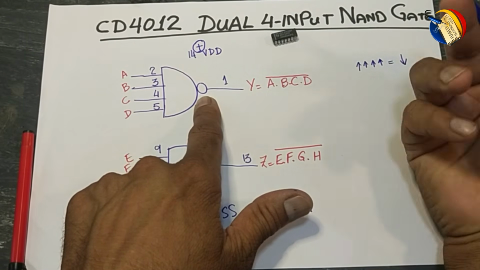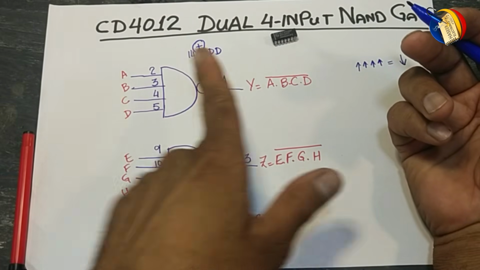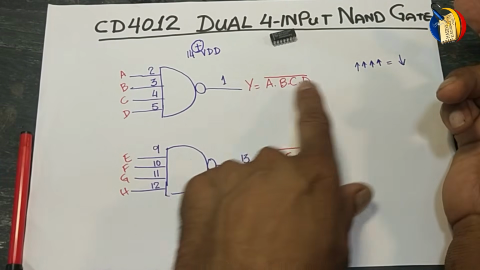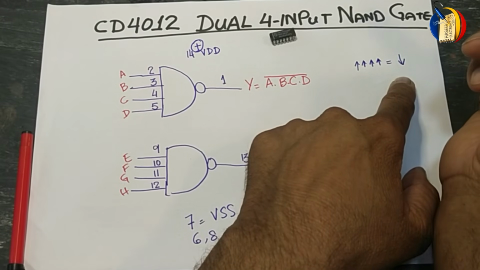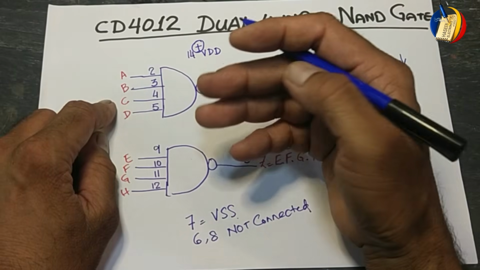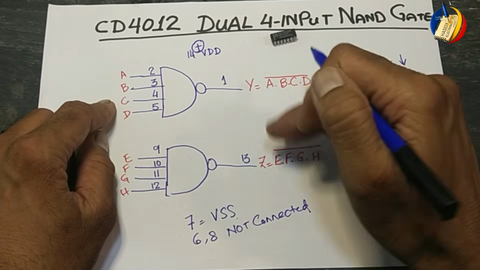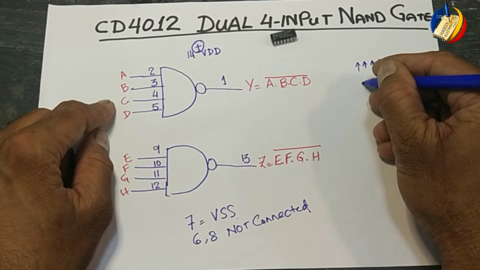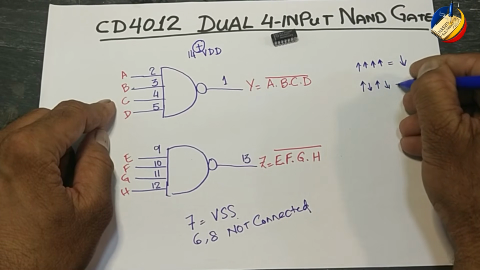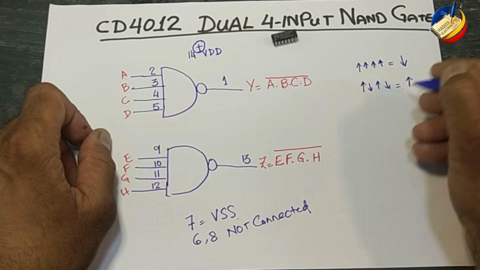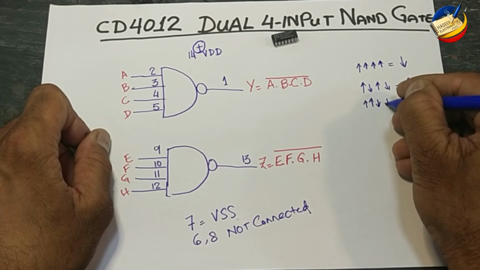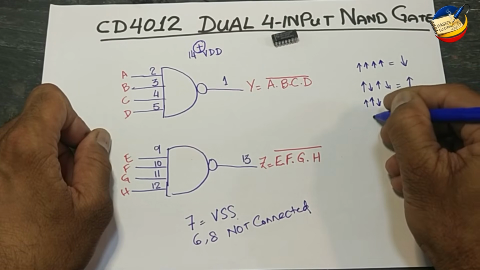When we say AND function, when all inputs are high, output will be high, but the inverter will invert the function, so we will receive low output. If any input is low or all inputs are low, the output will be high. Let's suppose any one, the output will be high. All inputs are low, the output will be high.